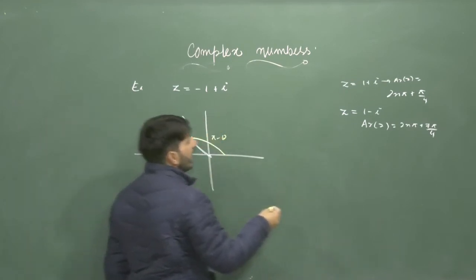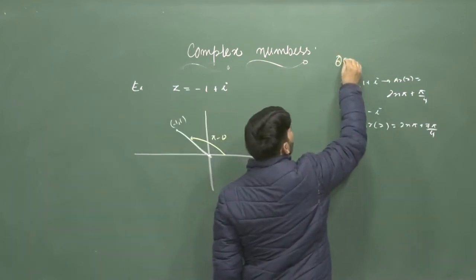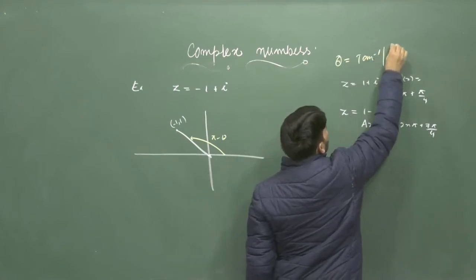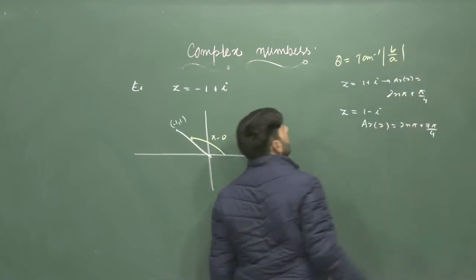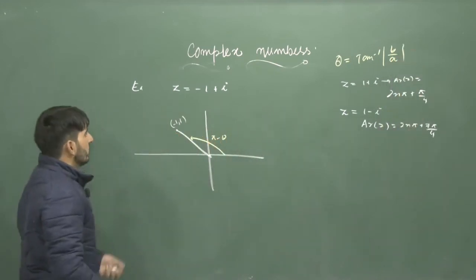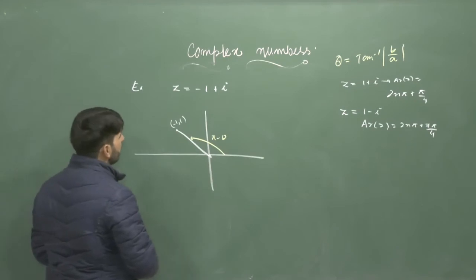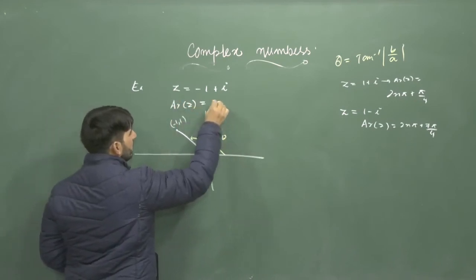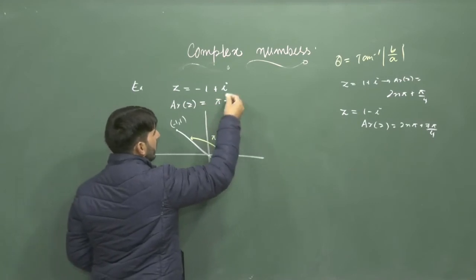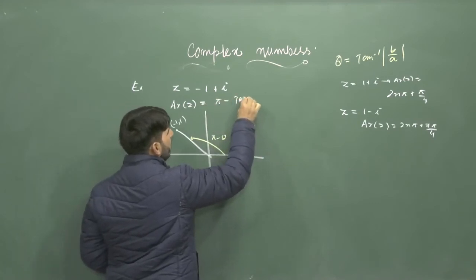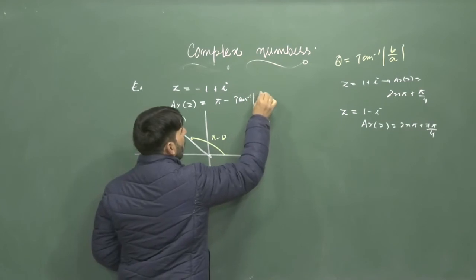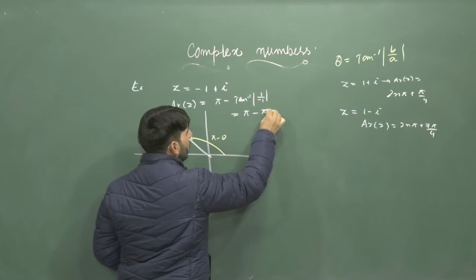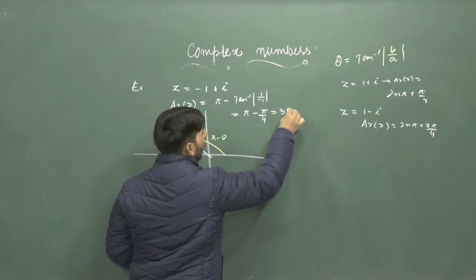Now to find theta, you have to remember theta is equal to tan inverse of modulus of b by a. So here the argument of this complex number is pi minus tan inverse of modulus of b by a, that is tan inverse of 1 upon 1, which is pi minus pi by 4, which is 3 pi by 4.